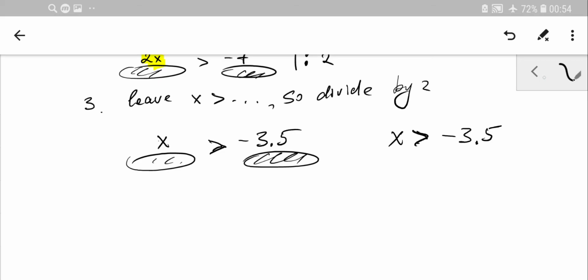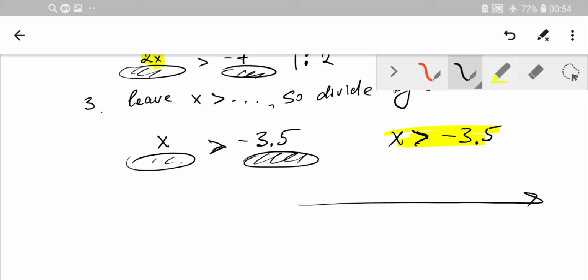It's done. But if you want to depict it, just remember the number line: fix the point -3.5, which is excluded, so draw an open point with a corresponding arrow. It means you don't include -3.5, and it goes to positive infinity.